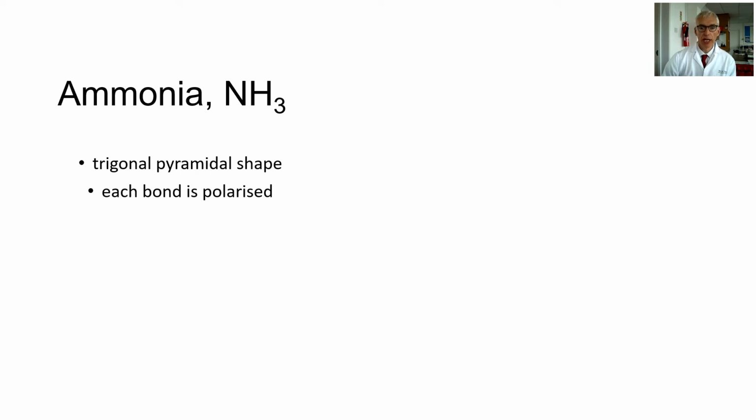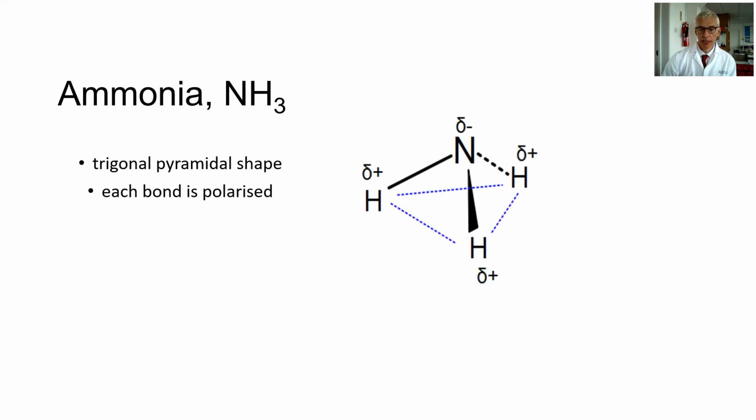So if we put that into a 3D diagram, we see that the charge within the molecule is not balanced, with delta minus towards the top of the pyramid and delta plus in the corners of the pyramid as I've drawn it.